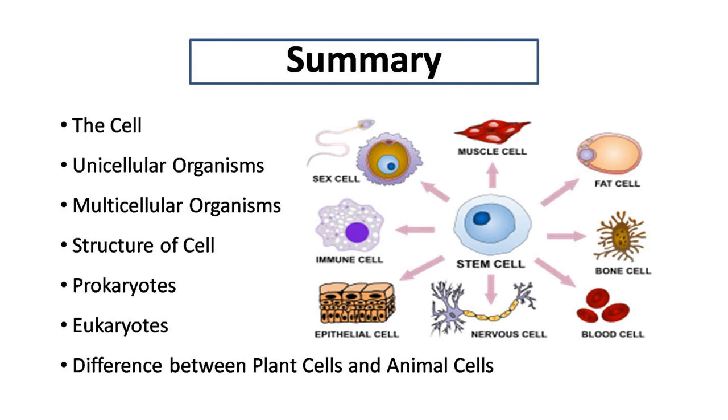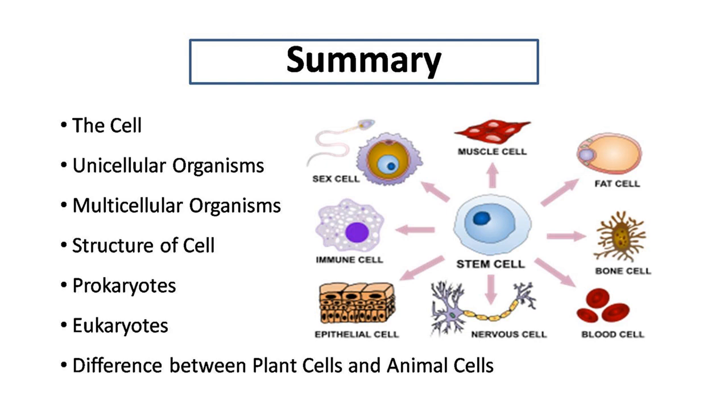So let us see what we have learned so far in this chapter. We have learned about the cell. We have also seen the unicellular organisms and the multicellular organisms. We saw the structure of the cell and the cell organelles which are present in the cytoplasm and their various functions.